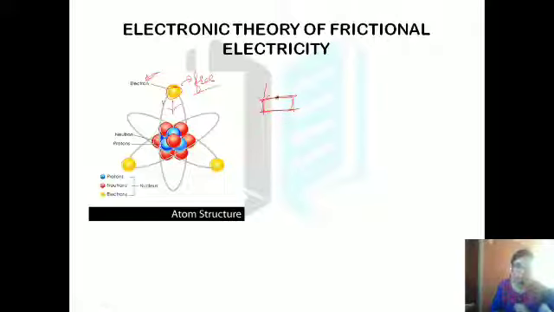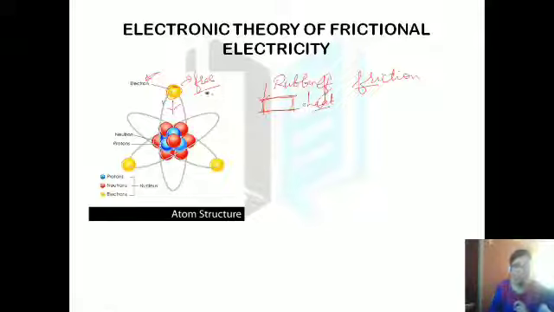So when we are rubbing, what happens? There is friction. And friction is what kind of force? It is a dissipative force. Dissipative means some amount of energy gets lost as heat energy. So when we rub, because of friction, some heat energy is produced.